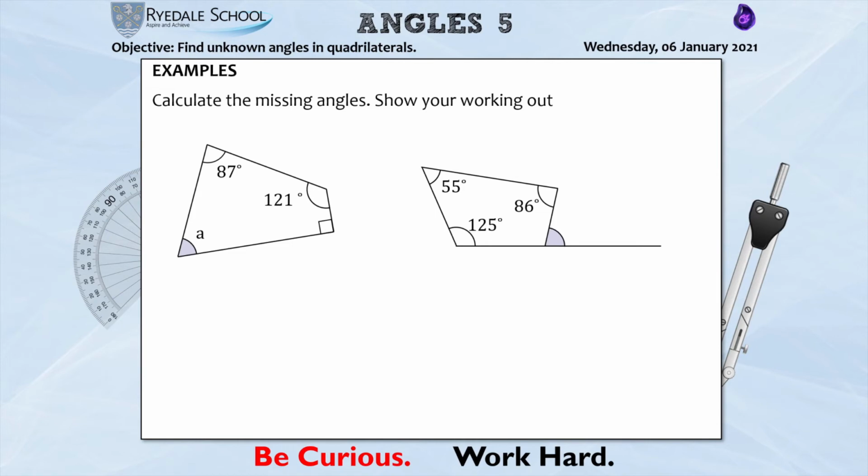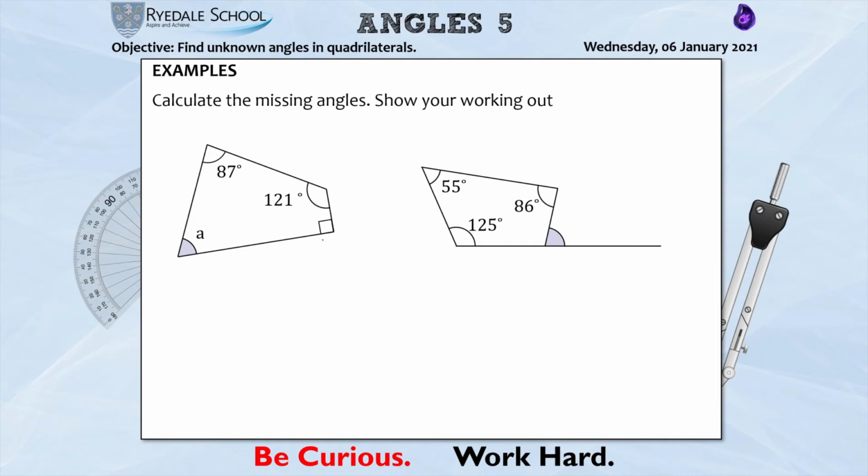So it says calculate the missing angles, show your working out. So we have a quadrilateral here. We know the angles in a quadrilateral add up to 360 degrees. So a lot like how we did the triangles, I'm going to see what angles I've already got and what they add up to.